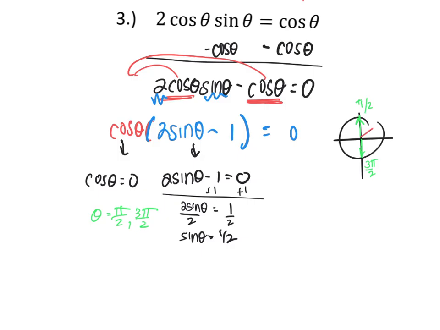And that occurs, again, because of my knowledge of the unit circle, in the first and second quadrants at 30 degrees, or pi over 6 because we're in radians, and then 5 pi over 6. I'll write it on the outside.